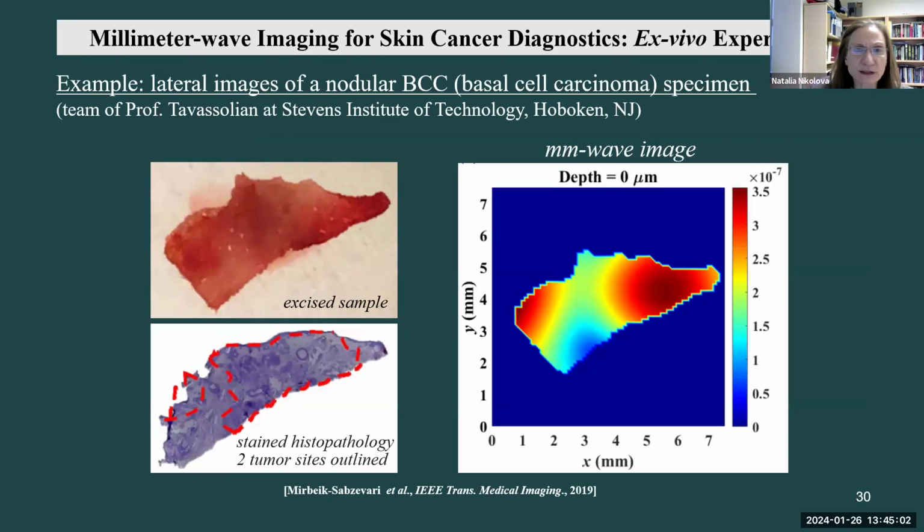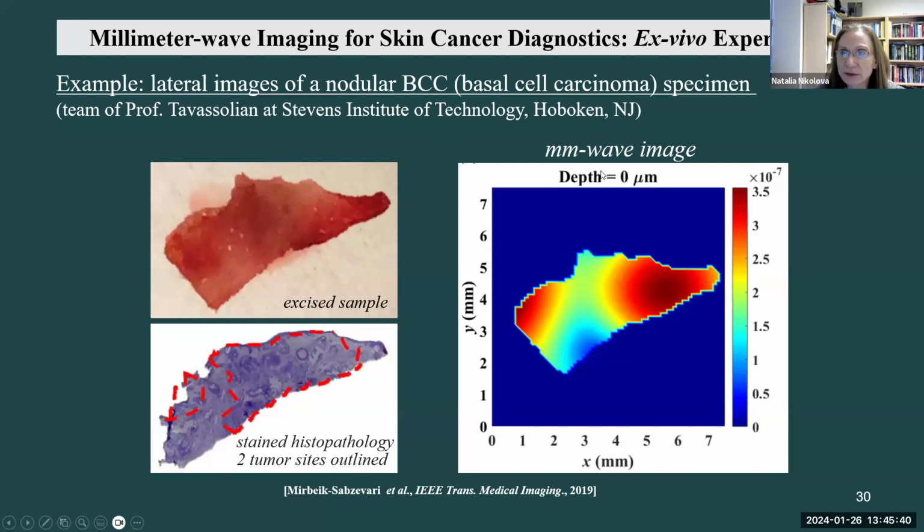And there is an interesting work reported by the team of Professor Tavasolian at Stevens Institute of Technology on particularly BCC type of cancer, not necessarily melanoma. Here you see an excised skin sample, and the radiologist has outlined on this stained histopathology sample where the malignant areas are. That's BCC, basal cell carcinoma.